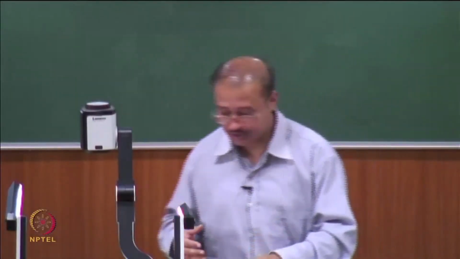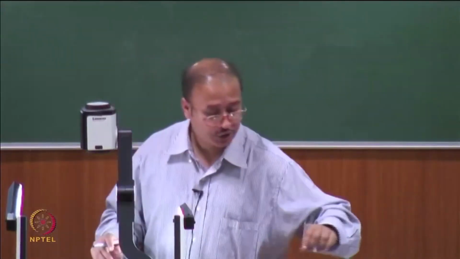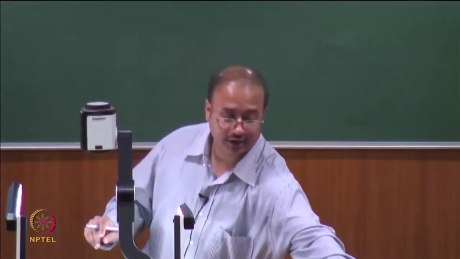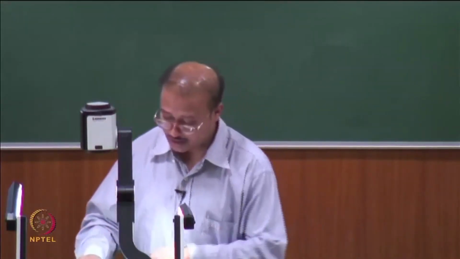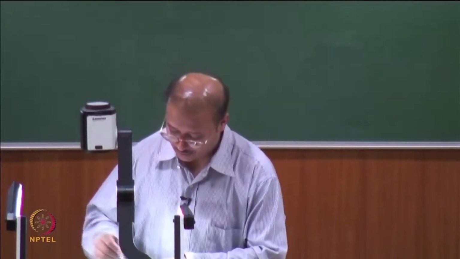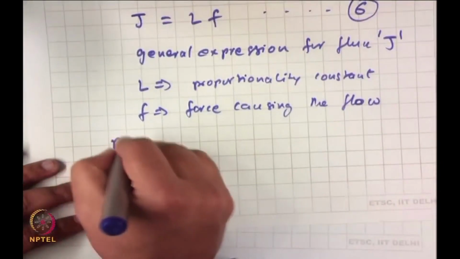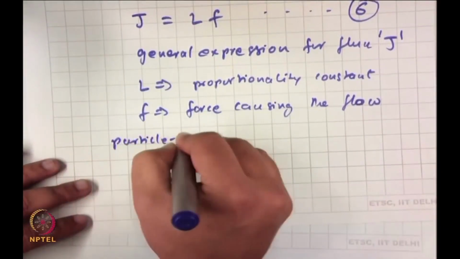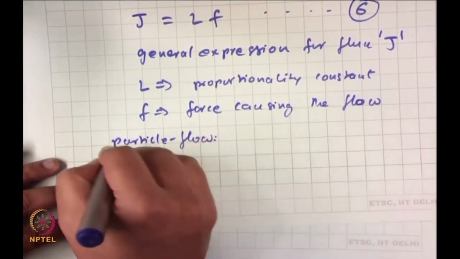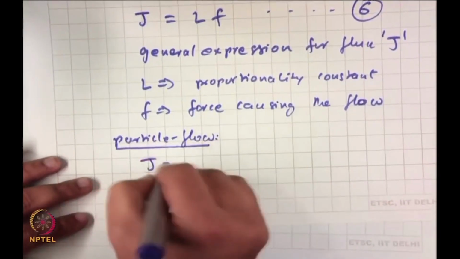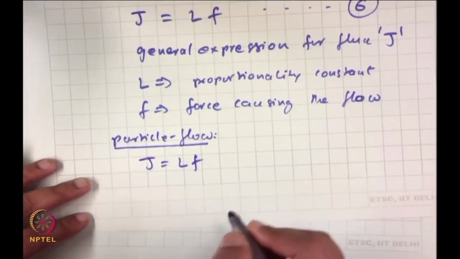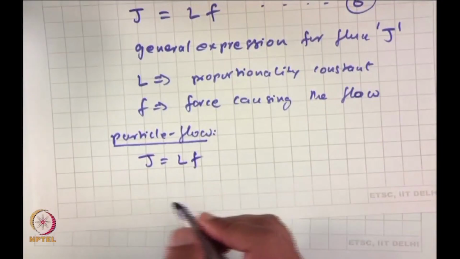Now, let us start being specific. So, you look at the one we just derived, force, then I can say for particle flow, I use J is equal to L times F, and I have already defined F before.